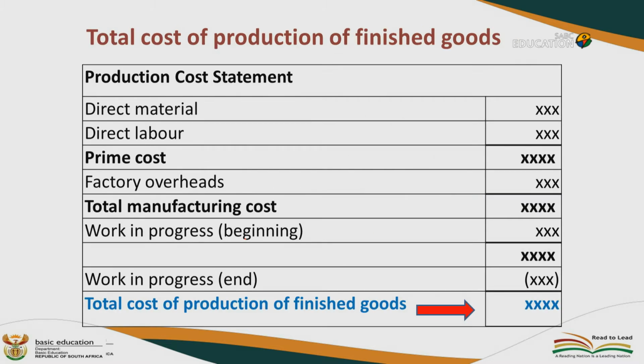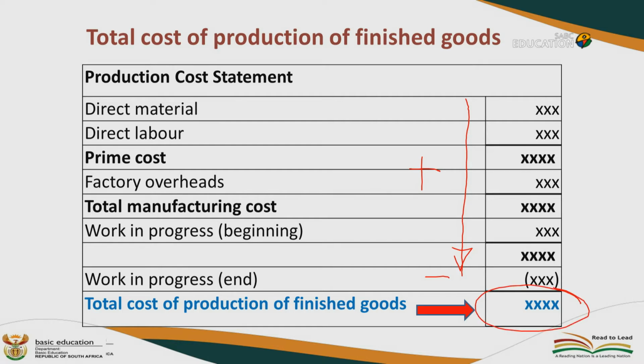Now we go into our production cost statement. This is the format of your production cost statement. As you can see, when you go down, you add; the only item that you subtract is your work in process at the end, so that you can get your total cost of production of finished goods, which is this amount.